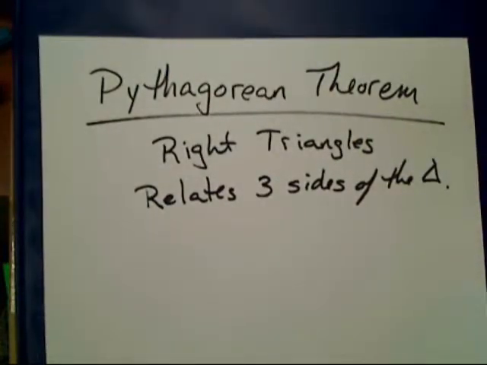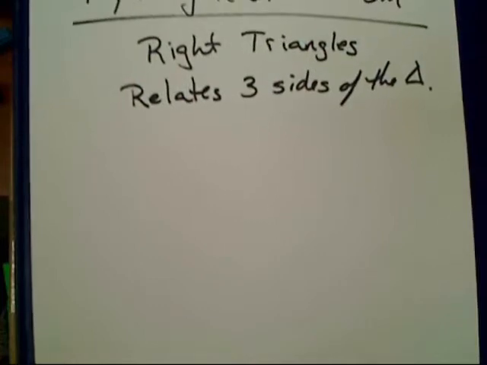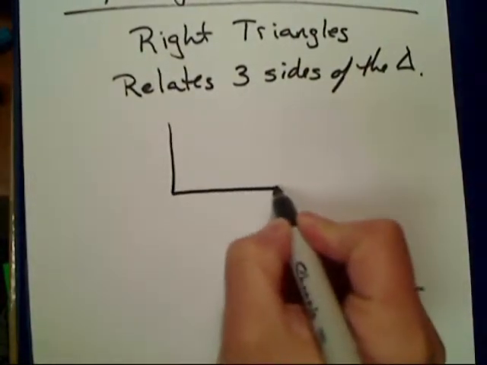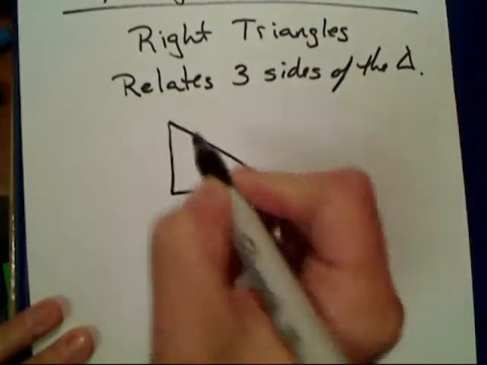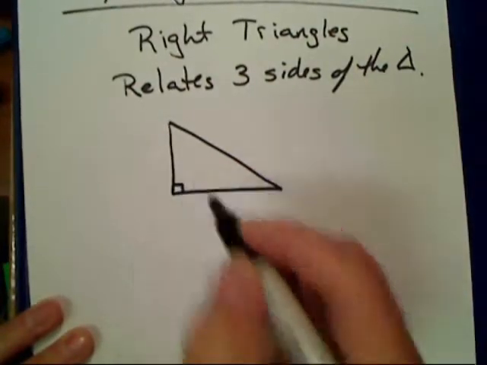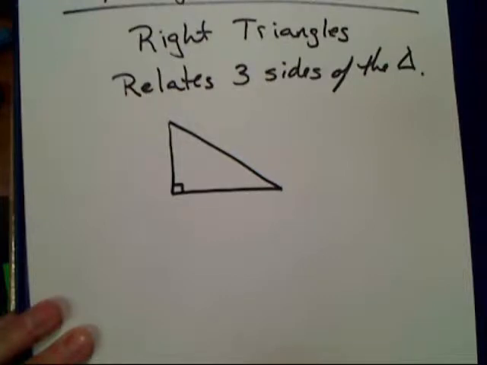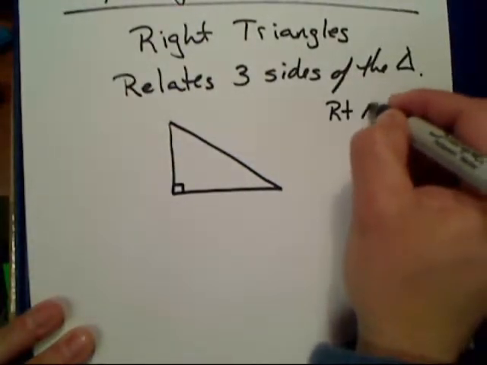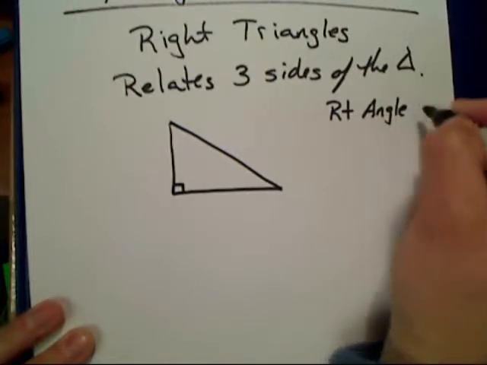So it relates the three sides of the triangle. Now, what is a right triangle? Well, a right triangle is a triangle that has a right angle. What's a right angle? A right angle is a 90-degree angle. It's indicated by having a little square in it. That is a right angle. A right angle is a 90-degree angle.